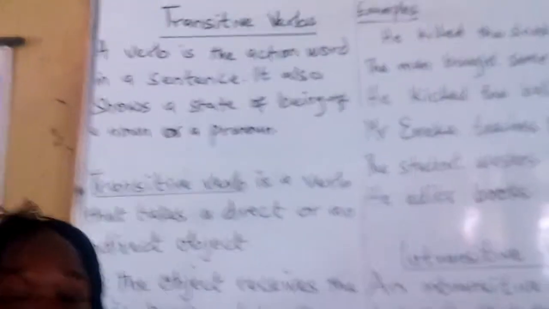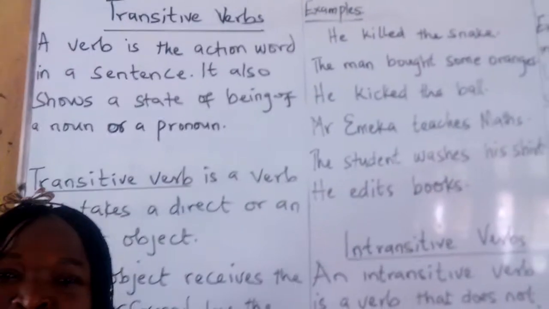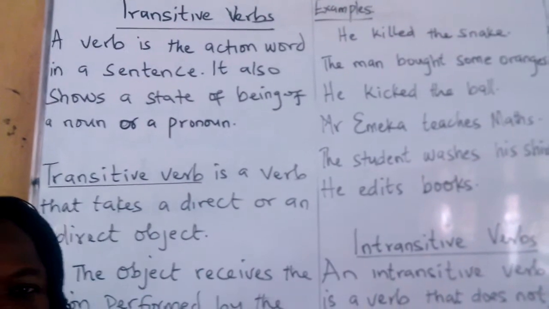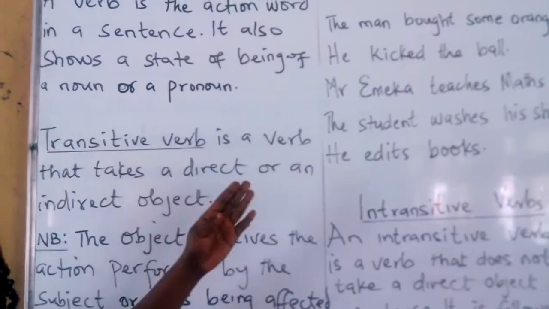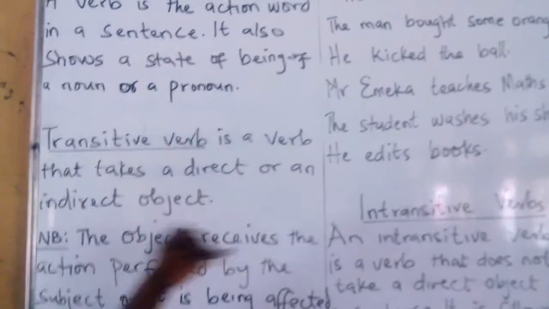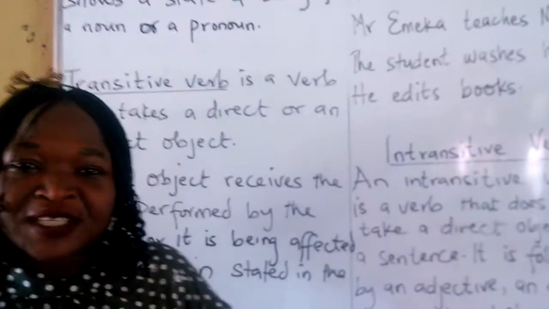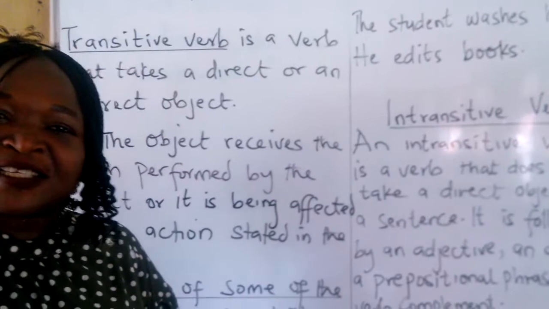But we want to look at another very important part of the verb, which is the transitive verb. What is a transitive verb? A transitive verb is a verb that takes a direct or an indirect object. It takes an object in a sentence. And what does it mean to have an object in a sentence?